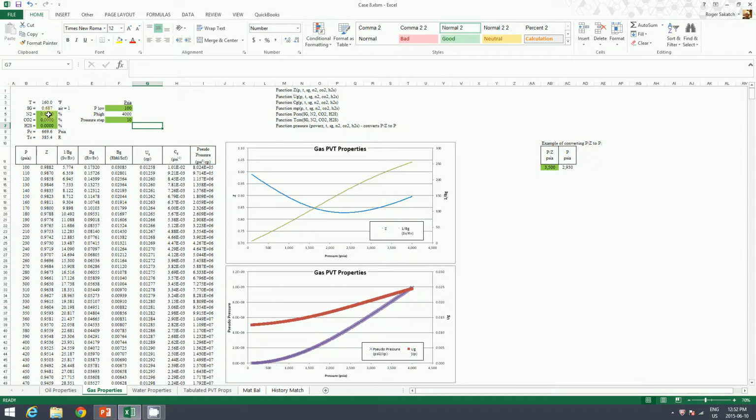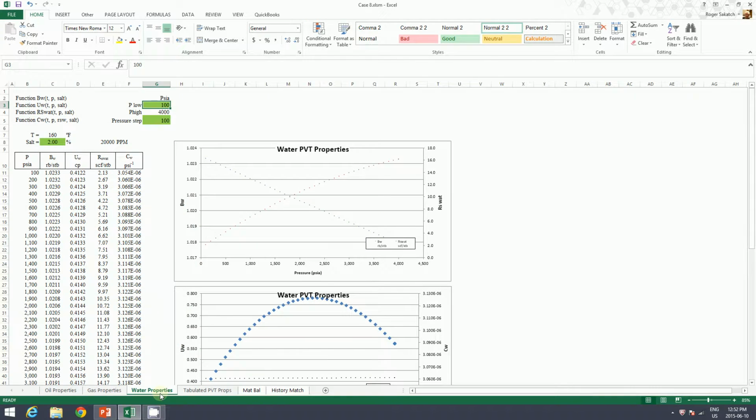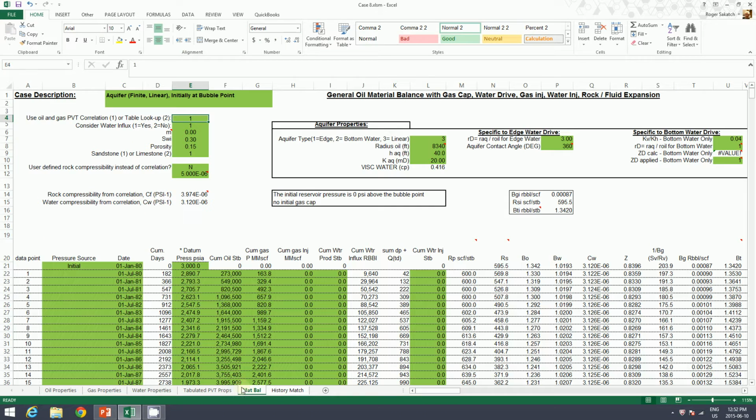We've got a very simple case where we've got no nitrogen, no carbon dioxide or H2S components, and it gives us the information as far as what the Z factors are as a function of pressure and the formation volume factors. And then finally the water properties are input here, and those are all used in the material balance analysis.